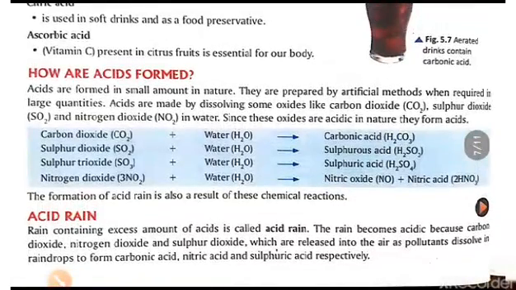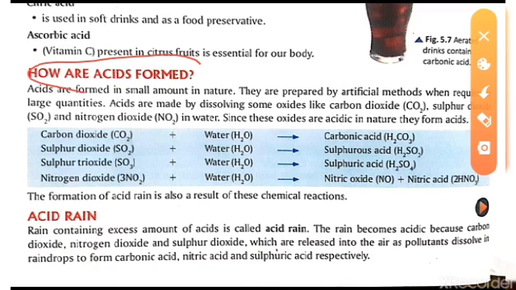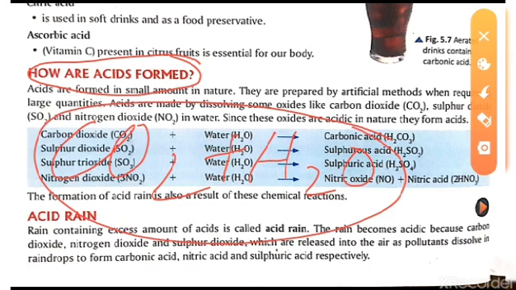Let's start with how acids are formed. Some part of this was left, so today I will complete it. When oxides, like carbon dioxide, sulfur dioxide, sulfur trioxide, and nitrogen dioxide, react with water, they make an acid. For example, when CO2 reacts with water, it makes an acid.